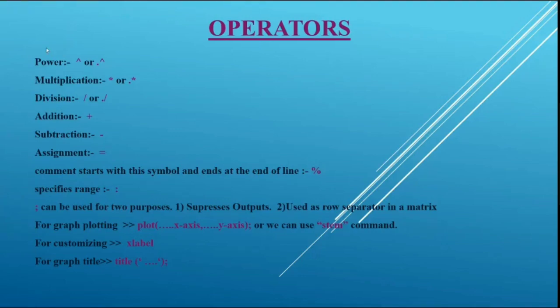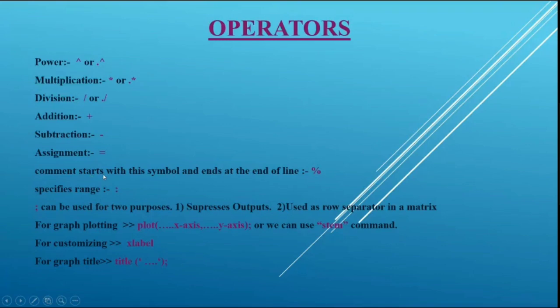For example, for the square of a matrix, we use only the power symbol, and for individual elements, we use dot power. Similarly, for multiplication of two matrices, we use the star, and for multiplication of individual elements, we use dot star. Same goes for division.